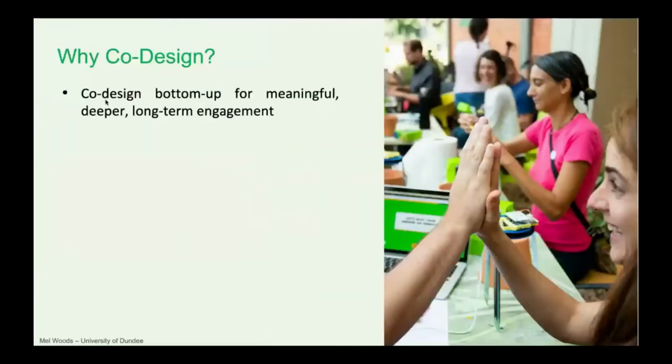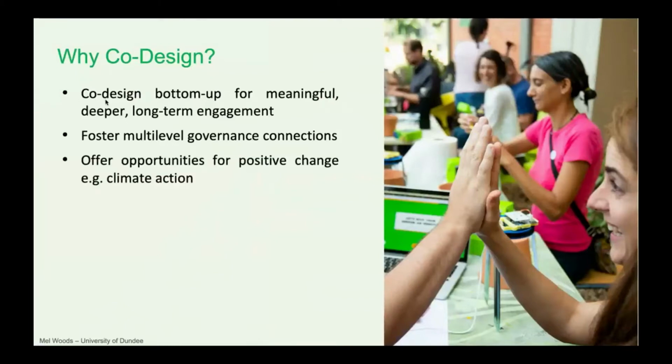So why might you use co-design? Well, it's bottom-up. It enables a meaningful, deeper, longer-term engagement, which of course is highly relevant if you're thinking about long-term change in goals such as the SDGs. It enables people to foster multi-level governance, with connections for different types of stakeholders, from citizens to local authorities to science partners, NGOs, and the policy level also.